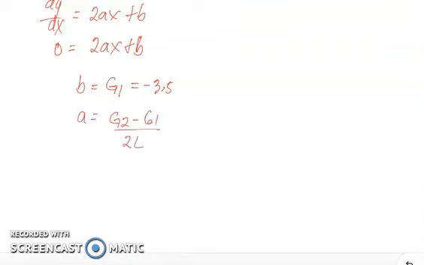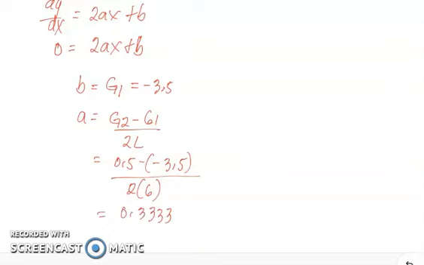So if we substitute, we have 0.5 minus negative 3.5 all over 2 times 6, and this will give us 0.3333. So we now have the value for our coefficients a and b.